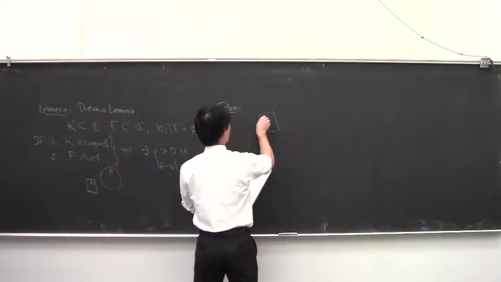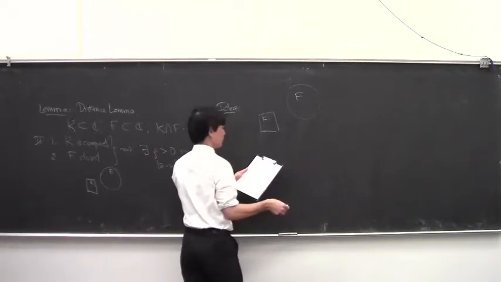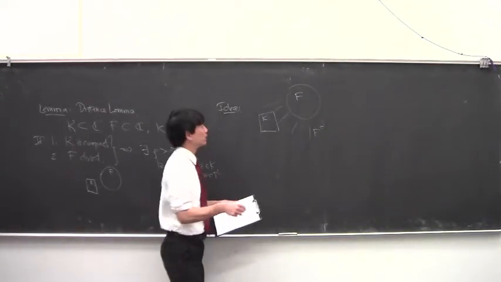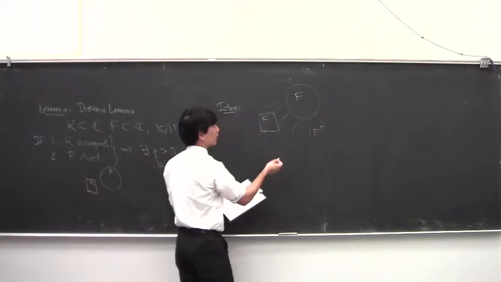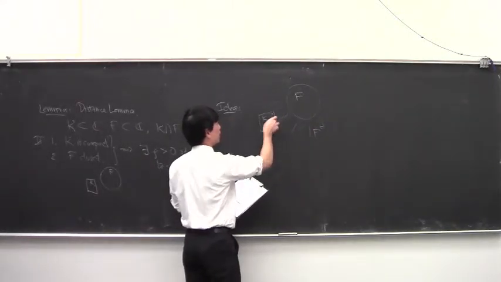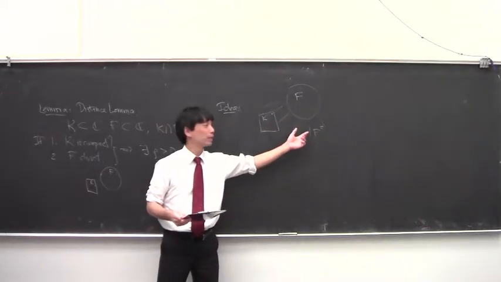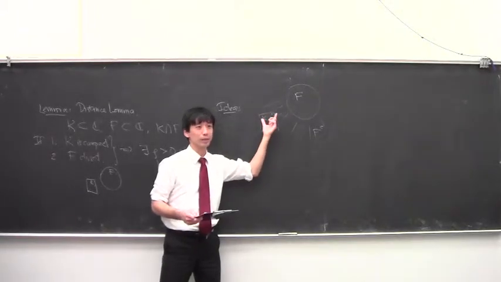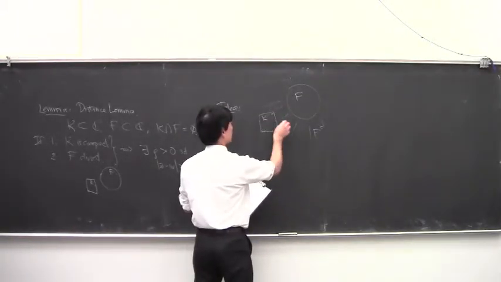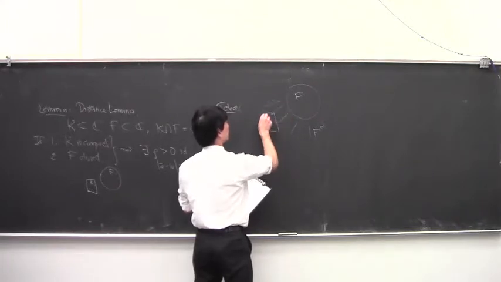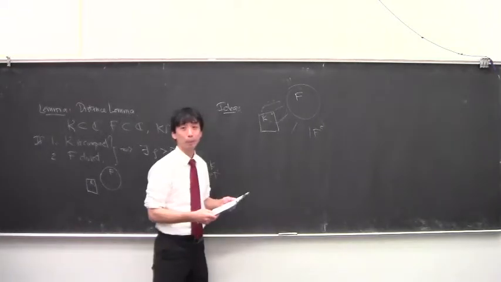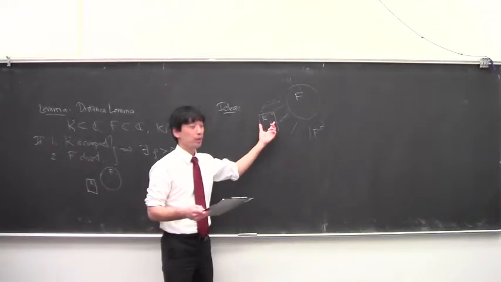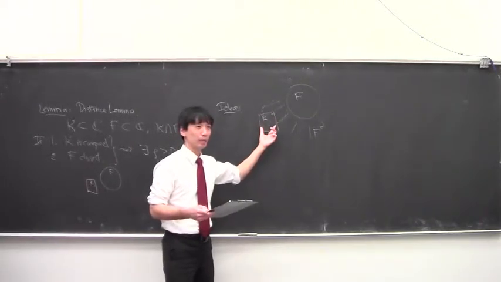Here's our compact set K, and here's our closed set F. The exterior, F complement, is open, and so each point in K can be covered by some open ball that's contained in F complement. Then you cover all of K with these open balls.